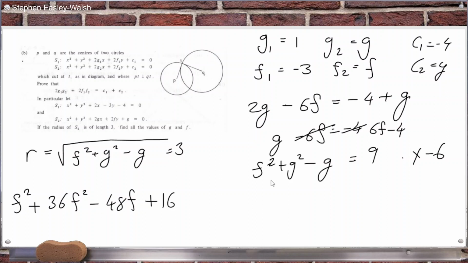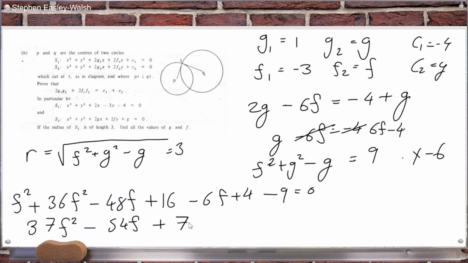So that's f squared plus g squared minus g, minus 6f plus 4, and then bring the 9 over, minus 9 equals 0. I'm not liking the 37 here: 37f squared minus 54f plus 7 equals 0. Doesn't quite look right, does it?